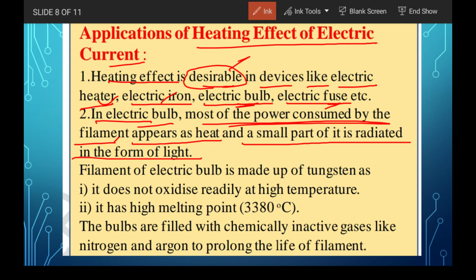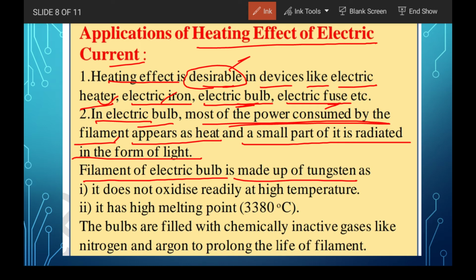If you switch on an electric bulb, the power is given to you through the main circuit, and most of the power it consumes appears as heat, and a very small part is radiated as light energy by that bulb.